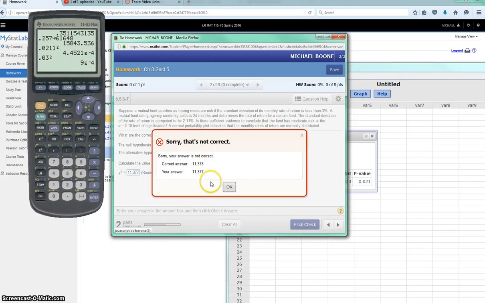I'm going to tell you that our answer is correct, and hopefully this is a fluke with this one. We should be able to be within a thousandth of a value.